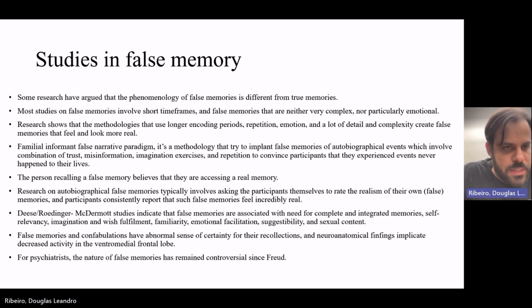The person recalling a false memory believes that they are accessing a real memory. False memories and confabulations have an abnormal sense of certainty for their recollection, and neuroanatomical findings implicate decreased activity in the ventral medial frontal lobe.